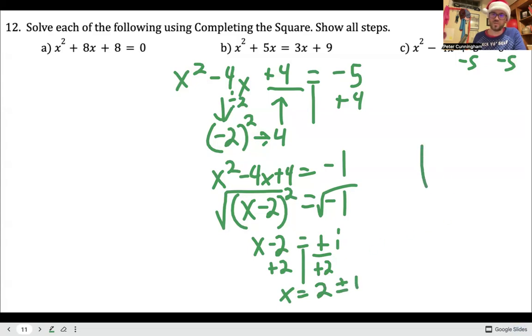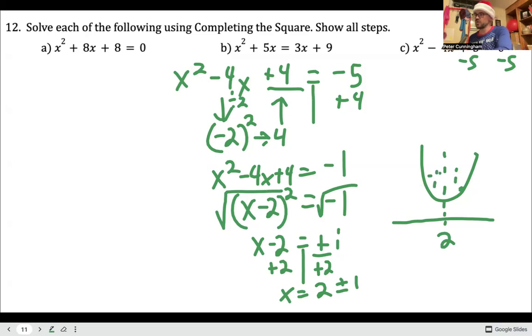So you would have a parabola here that's floating above the x-axis, the middle of it at 2, and these imaginary solutions are, one of them is i to the right, one of them is i to the left.